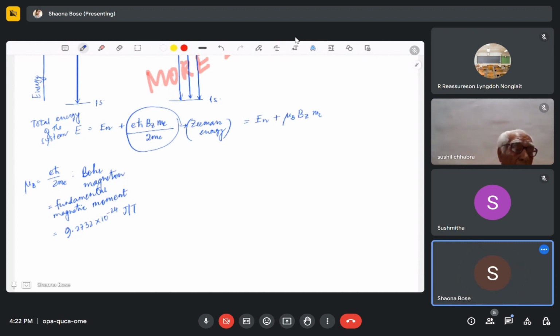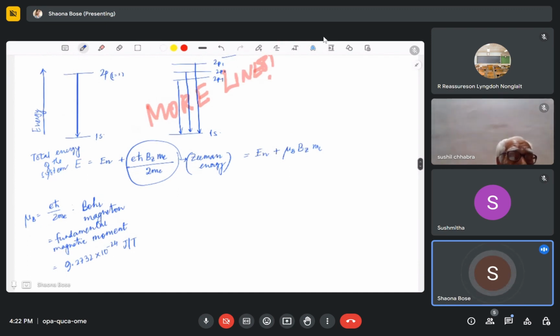Now next it was seen that even the magnetic field of the electron, the spin angular momentum and the orbital angular momentum, that is the total angular momentum, also interacts with the externally applied magnetic field. There is LS coupling.